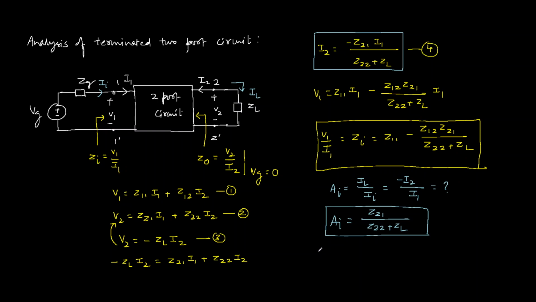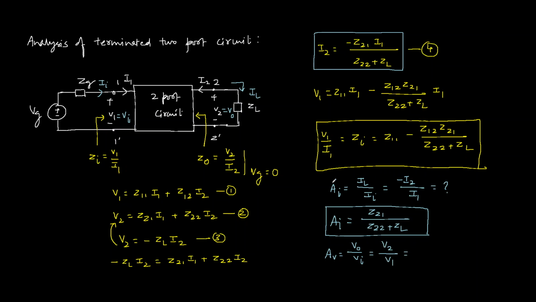So this is the expression for current gain. Now, can we find out the expression for voltage gain also? Suppose this V2 is V0, the output voltage, and the input voltage is Vi. So what should be the expression for V0 over Vi, which is basically V2 over V1?